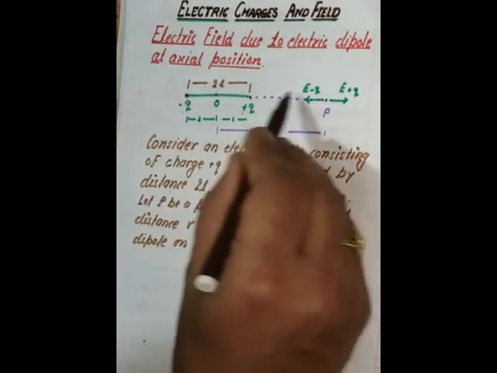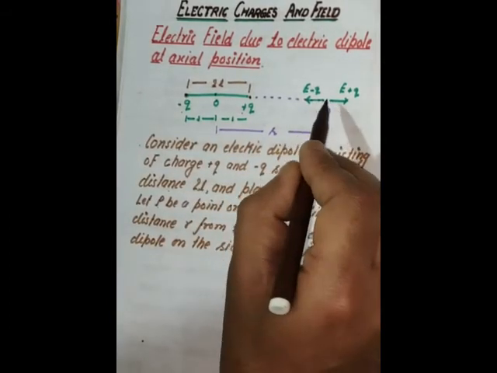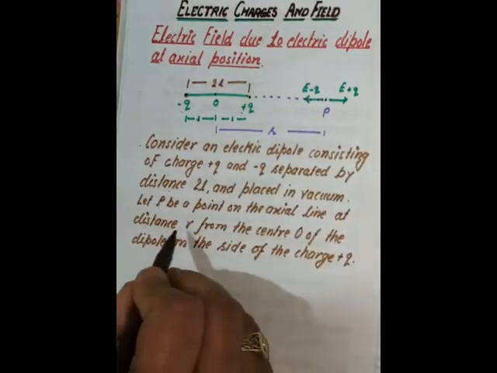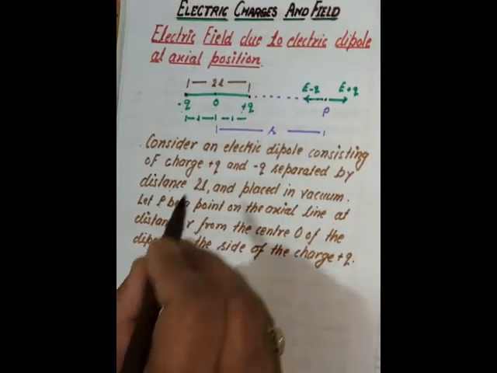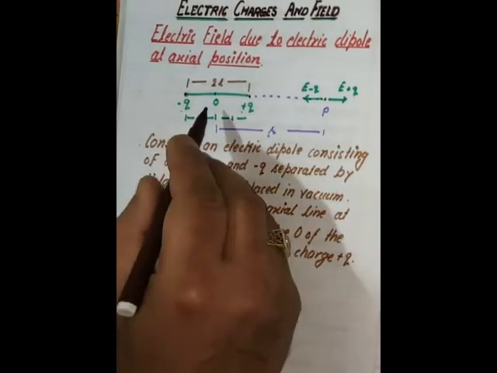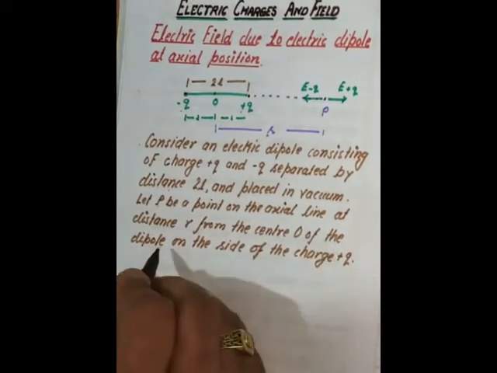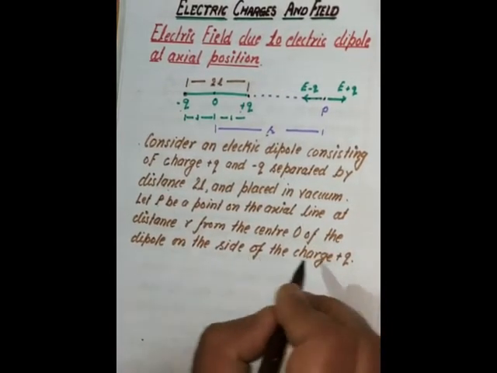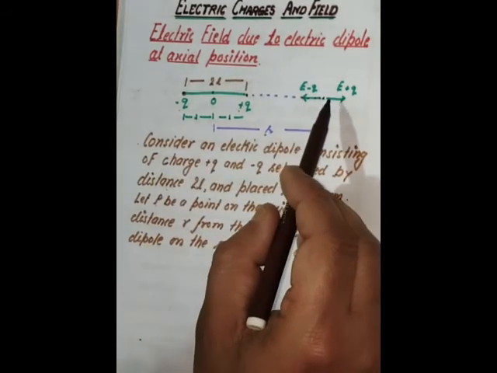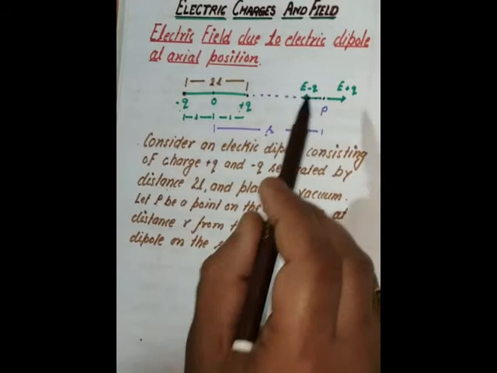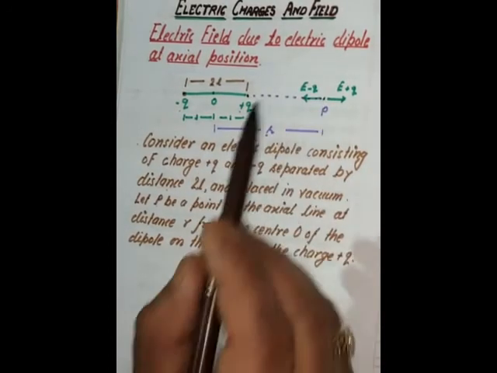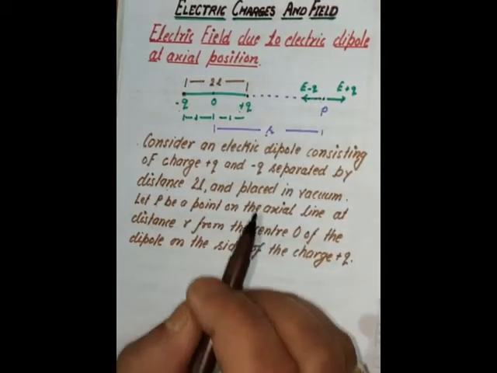This is the axial line. P be the point where we have to find out the electric field. The distance should be R, this distance, from the center O of the dipole on the side of the charge positive Q, point P.